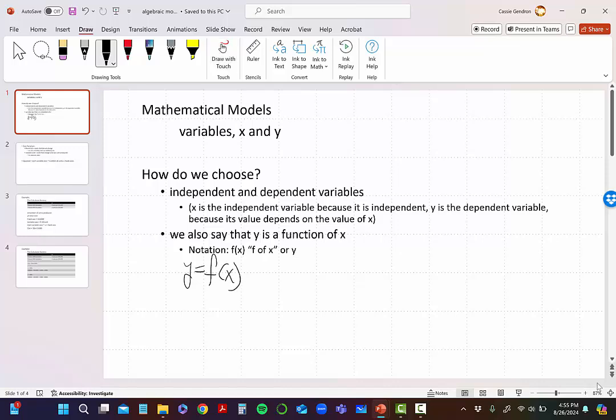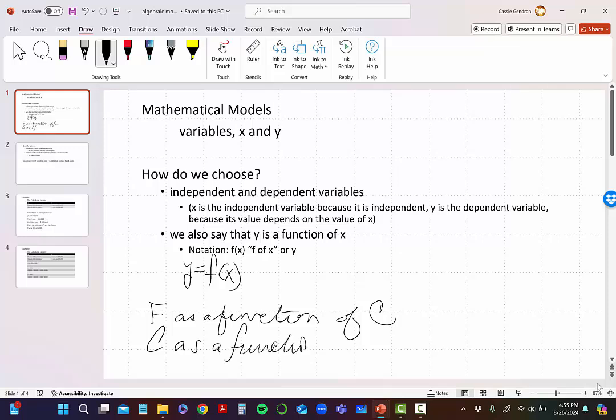Now later on, you are going to convert Fahrenheit and Celsius. First, I'm going to say Fahrenheit as a function of Celsius, and Celsius as a function of Fahrenheit.